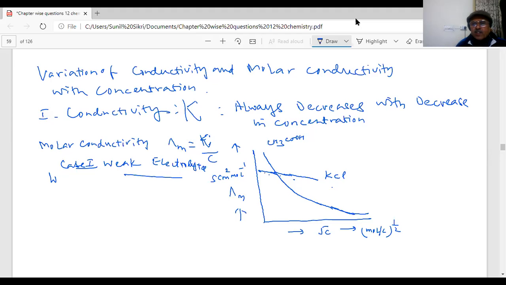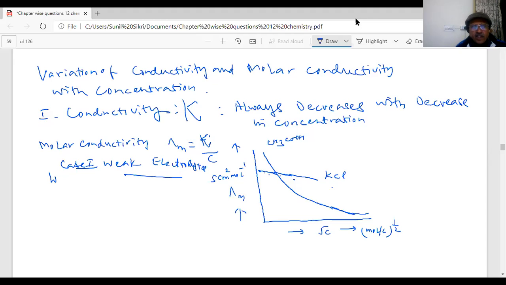For the strong electrolytes, we know what is happening. The strong electrolytes are already completely ionized. When you dilute them, there is only a slight increase in the conductivity because the interionic forces of attraction become weak.